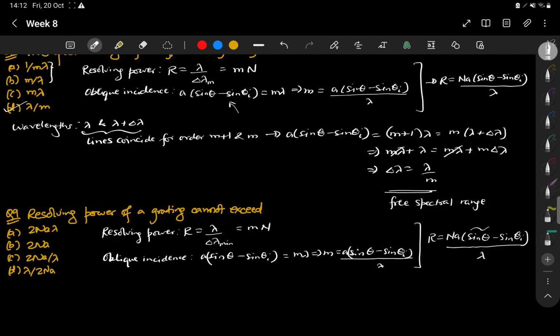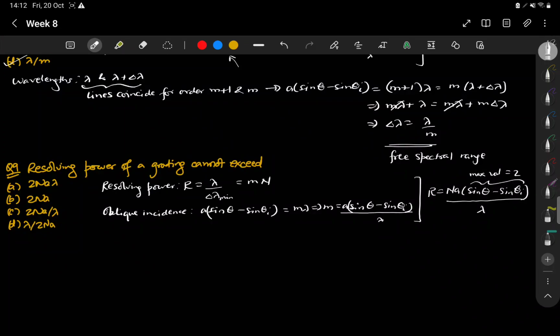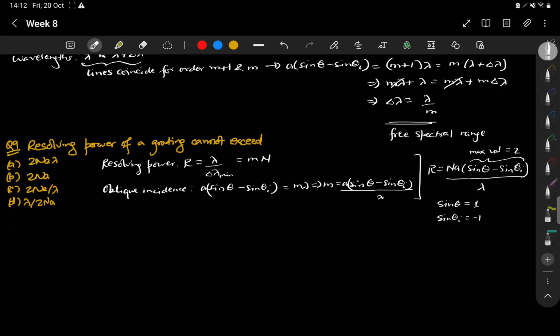Now sine theta minus sine theta I can take a maximum value equal to 2, and when would that be possible? So when you have sine theta equals 1 and sine theta I equals minus 1.